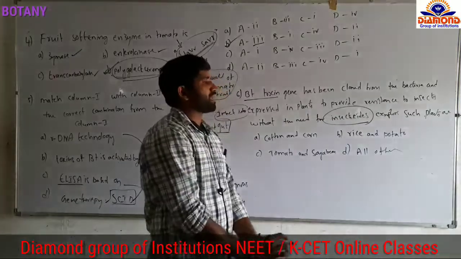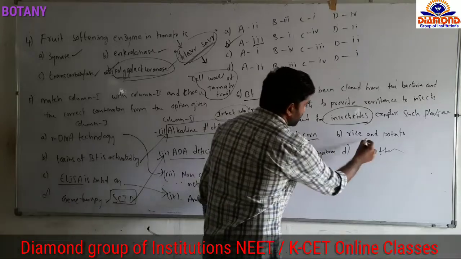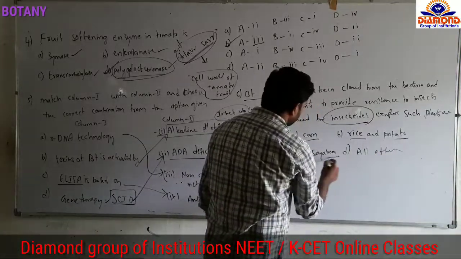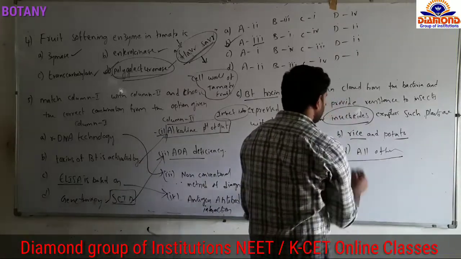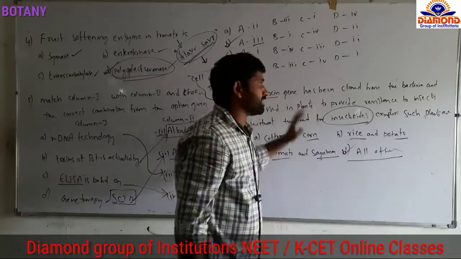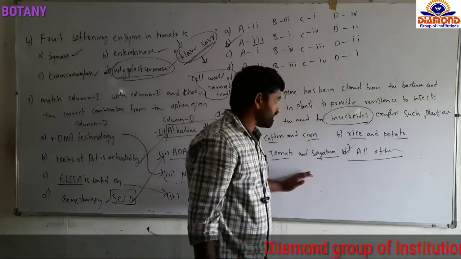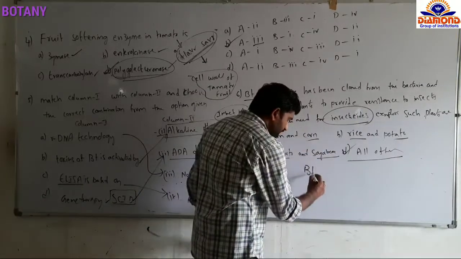Such plant examples, the options they have given: cotton and corn, rice and potato, tomato and soybean, and the answer is B, all of these. The answer is all of these because the plants given in options A, B and C all belong to Bt varieties.